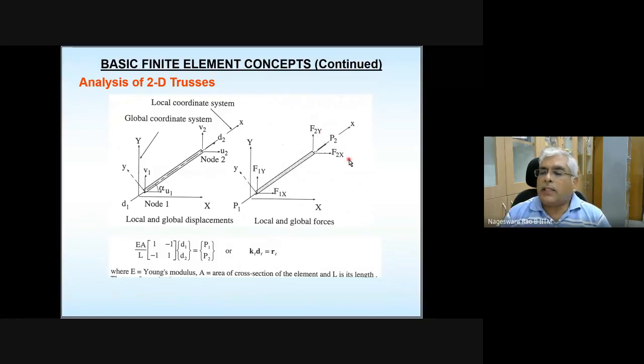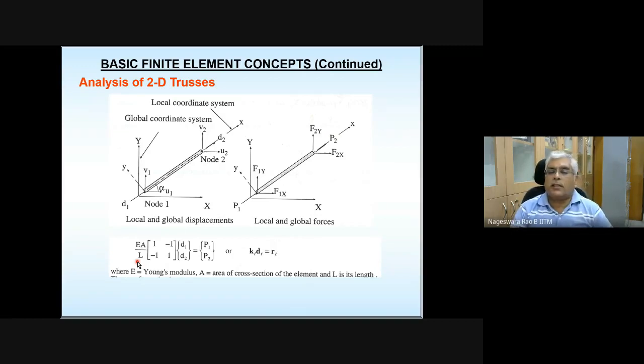Now, whatever element equations that you developed are the element equations in the small x-axis, which is nothing but the local coordinate system. And there are no body forces. So for this kind of element in the local coordinate system, the element equations look like this.